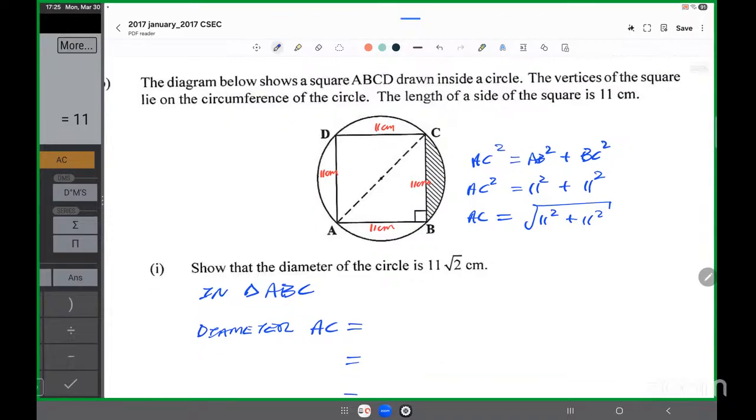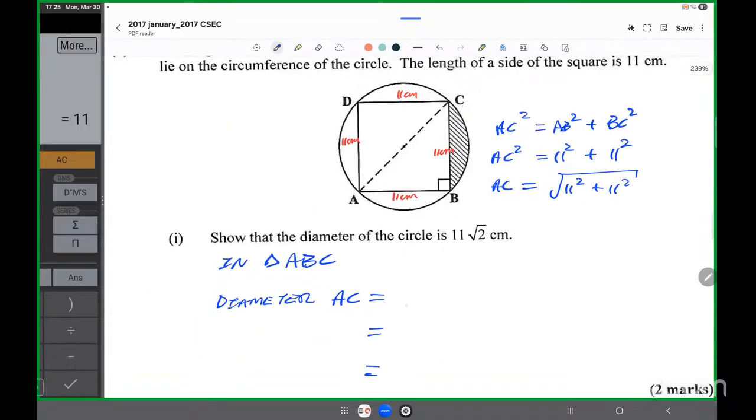Understand that? So that's the square root of 11 squared plus 11 squared. It's 2 times 11 squared, so it becomes the square root of 2 times 11 squared. Understand that?